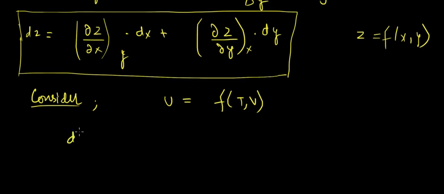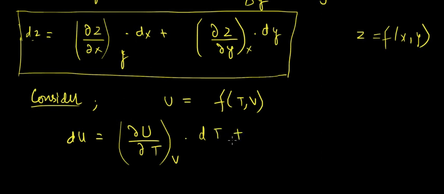Similarly, du can be written as, as z is compared to u, del u divided by del T at constant volume times dT, the slight change in temperature, and the second term would be del u upon del V at constant temperature times dV.